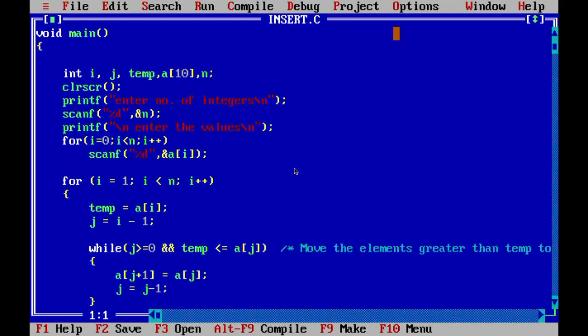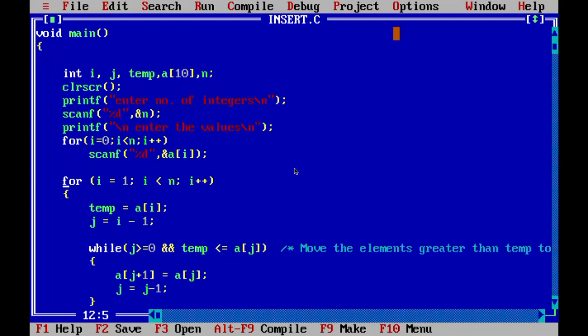Now please observe this particular for loop: for i equal to 1, i less than n, i plus plus. If you observe, friends, array index actually starts from 0, but I am starting my loop here from 1. It means that I am not going to iterate from the 0th element.